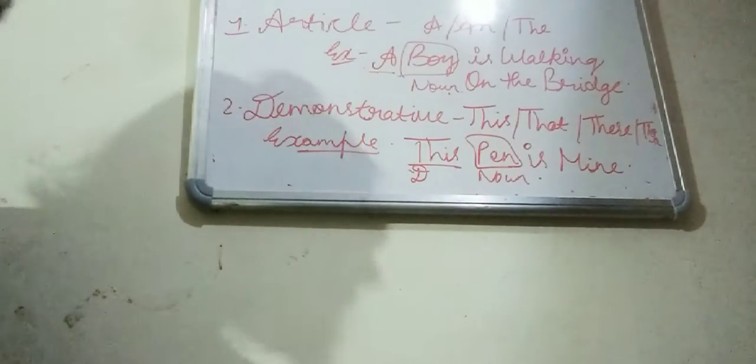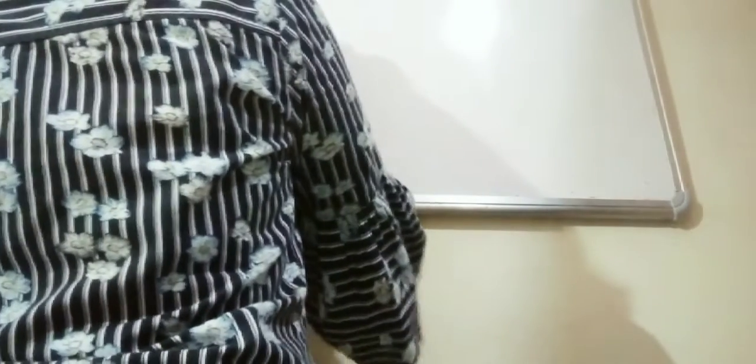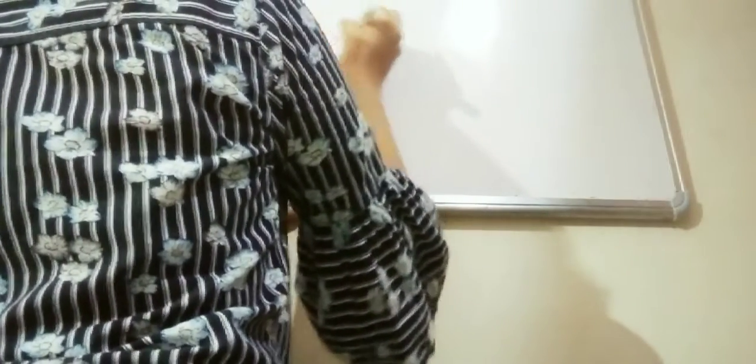Now let's move ahead and go for the next type, which is possessive. As I have told you earlier, this word comes from the word possession. In possessive, my, your, his, her, our, their, all these words come.